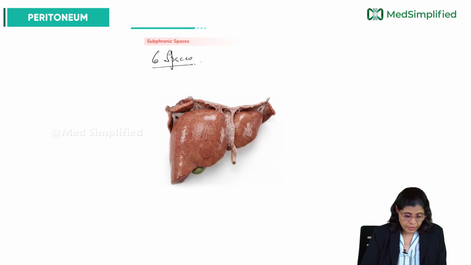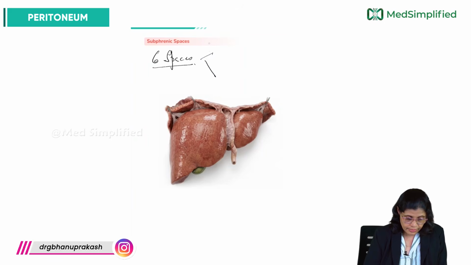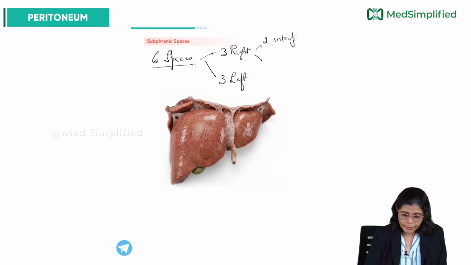So now among the 6 spaces, what you have to know is there are 3 spaces on the right side and 3 spaces on the left side. Among the 3 on the right and 3 on the left, 2 are intraperitoneal and 1 extraperitoneal.